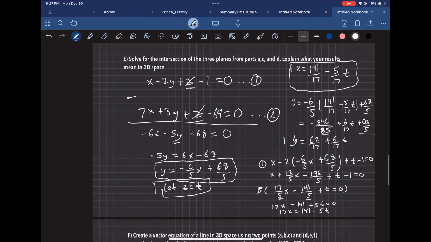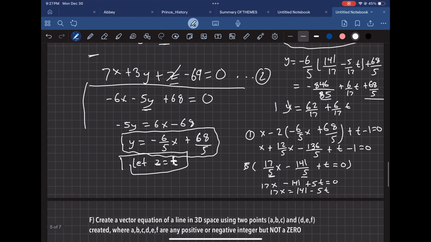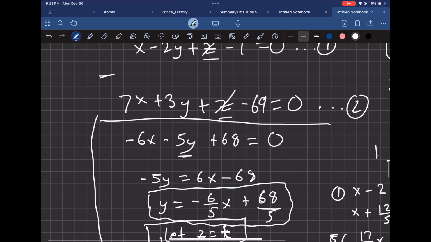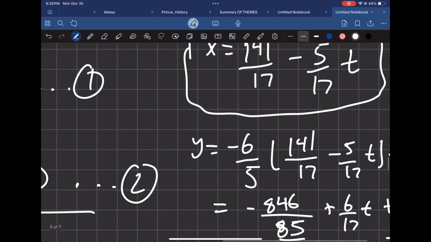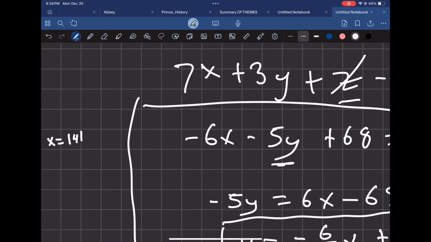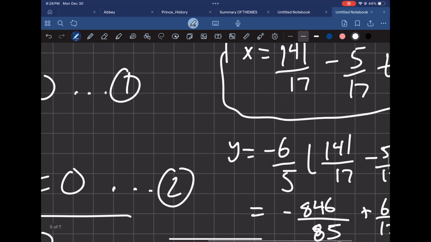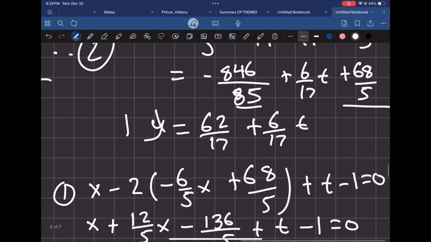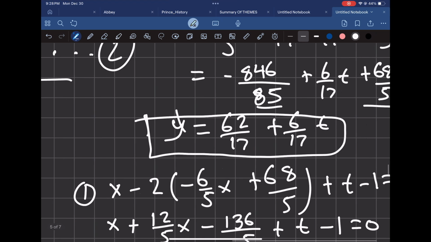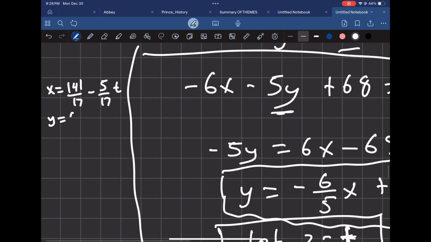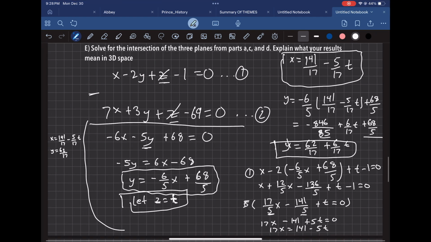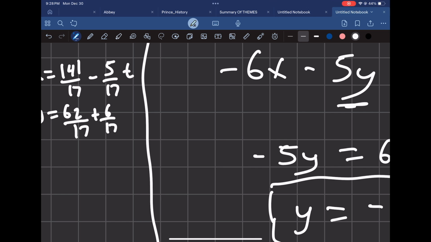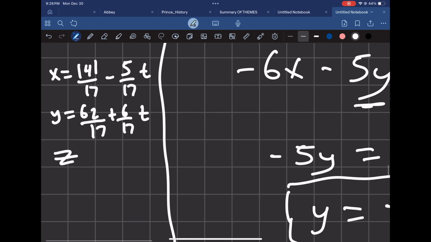So let me rewrite this again in this corner right here. So we got x equals 141 over 17 minus 5 over 17t, and then we got y equals 62 over 17 plus 6 over 17t. And of course we said z equal to t.